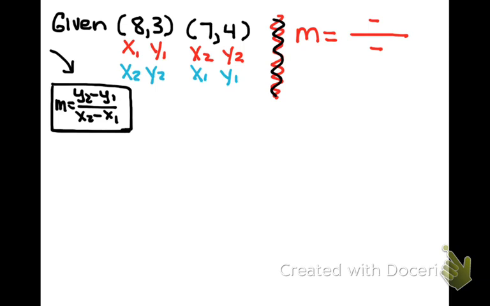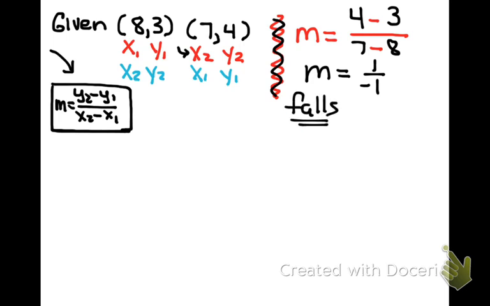So we're going to do y sub 2 minus the value y sub 1, which was 3, and then we go back to our x sub 2, which is 7, minus the 8. So our slope is going to equal 1 over negative 1. So this means that it falls from left to right. And so we have negative slope. And we can see that it's negative slope because we have a negative right there.